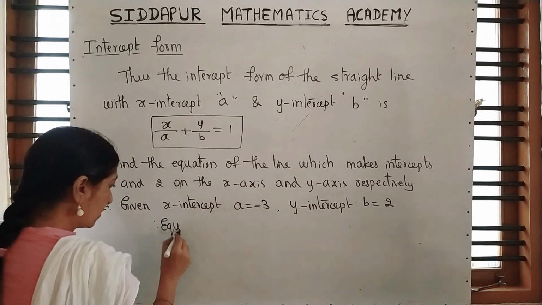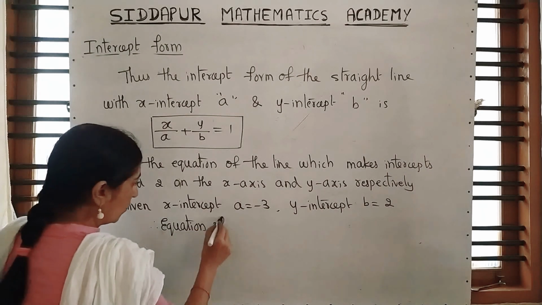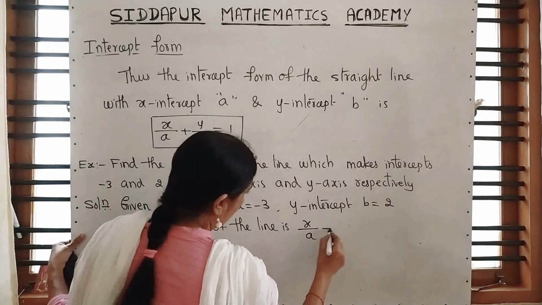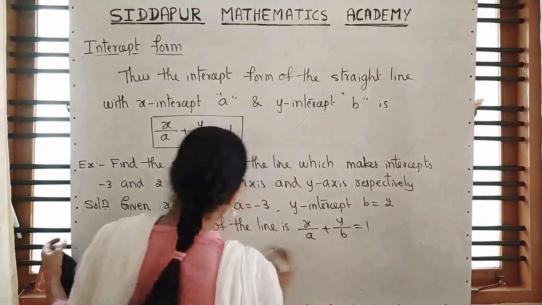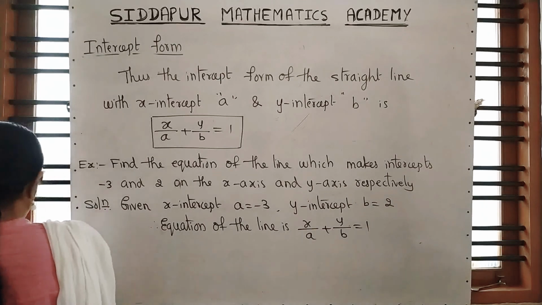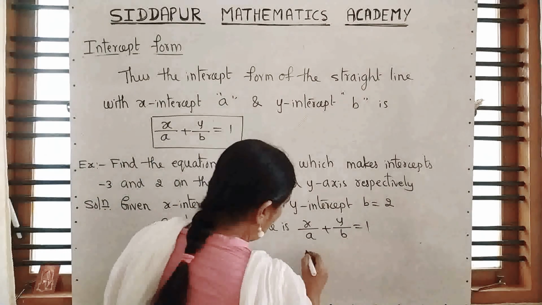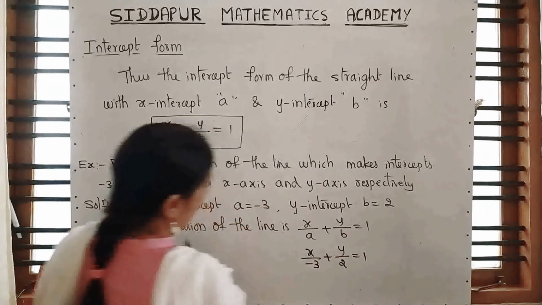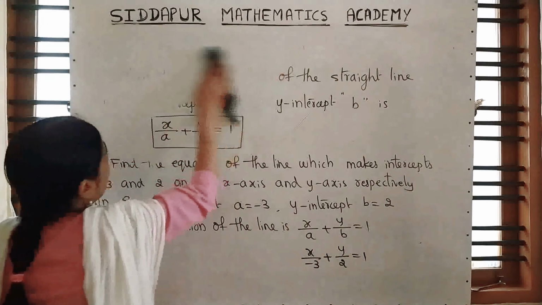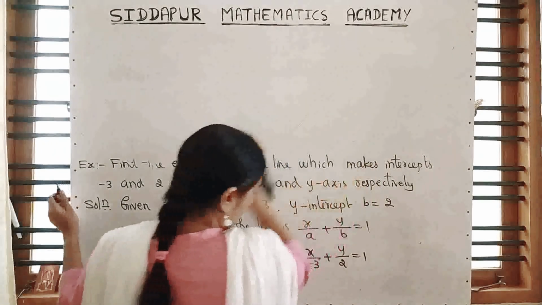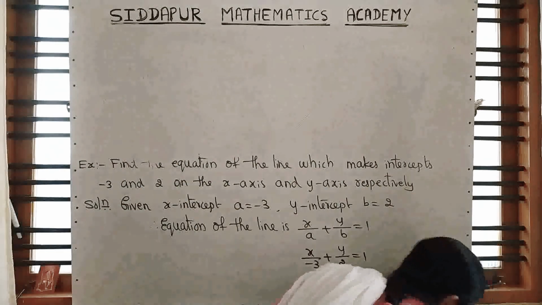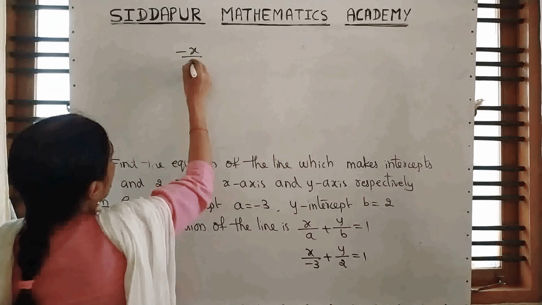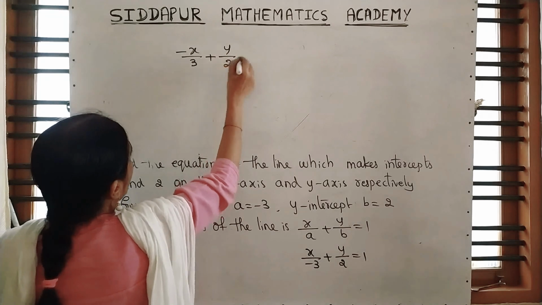Therefore, the equation of the line is x upon a plus y upon b is equal to 1. That is x upon minus 3 plus y upon 2 is equal to 1. Or you can write it as minus x upon 3 plus y upon 2 is equal to 1.